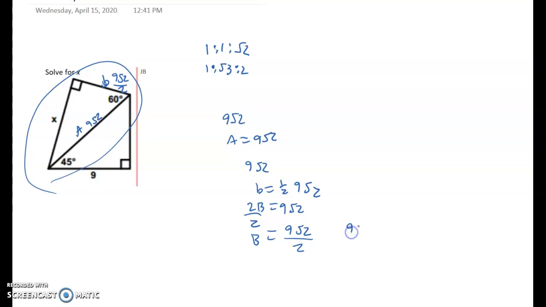So we can do 9 root 2 over 2, and we have to multiply this by root 3 over 1. And this will give us 2 on the bottom and 9 root 2 multiplied by root 3.